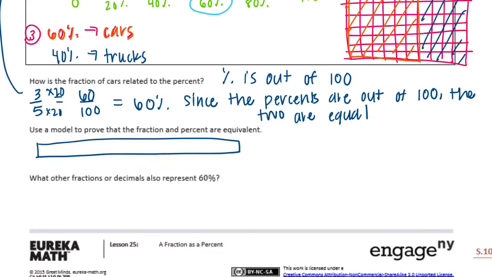I'm going to split it into 5 equal parts, and we'll have 0, 1, 2, 3, 4, 5 cars, and then we split the 100% into 5 equal pieces. So we can show that with 3/5 are cars, and 3/5 is equal to 60%.